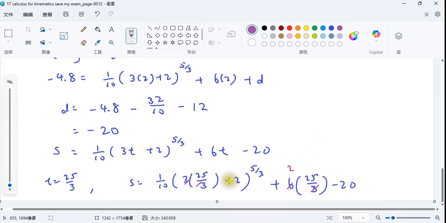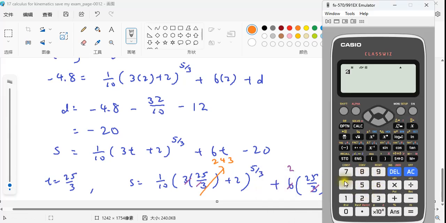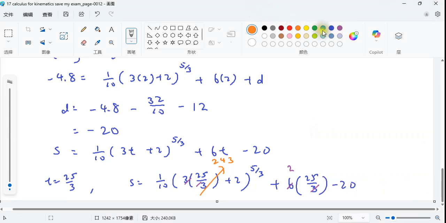So 27, then cube root will be 3, then 243. So we have 24.3 plus 50 minus 20. So it will be 54.3. Yes. So 54.3 meter.